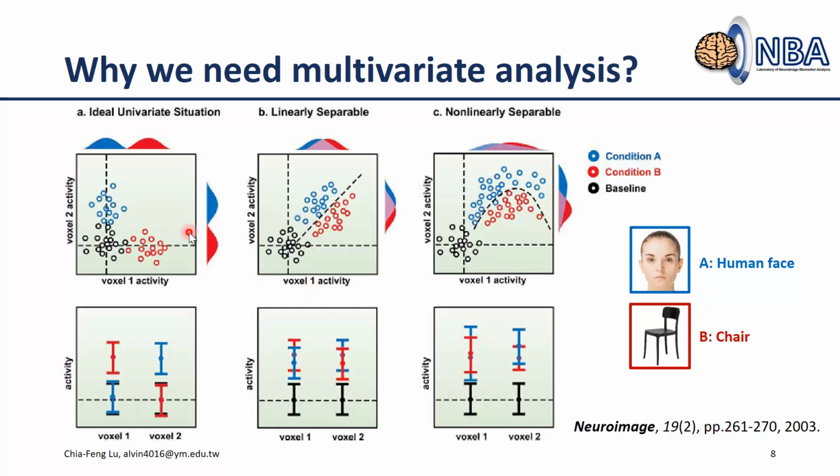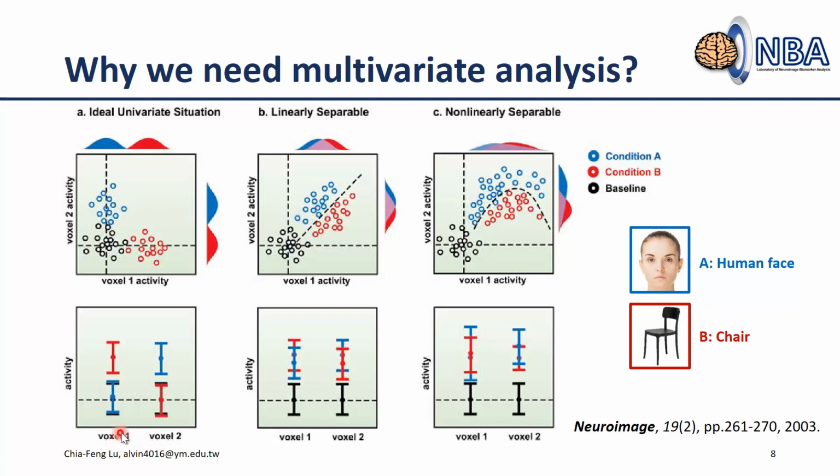Okay. We take the very first figure, figure A right here. You can see this is a so-called ideal univariate situation. Ideal univariate situation means that you can differentiate two different stimuli by using a single voxel, or a single variate. So right here, we take two voxels. Assume there are only two voxels in our brain, or we only have two voxels of data on hand.